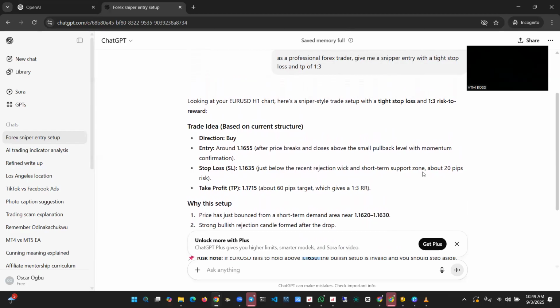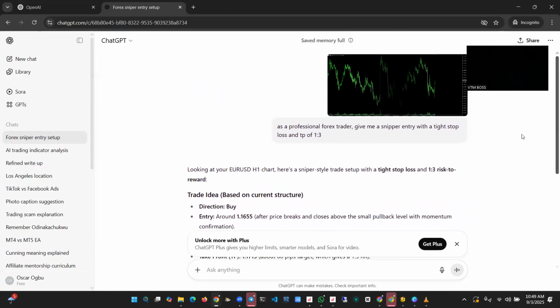All you just need to do is to just screenshot your chart. Then, if you are having problem with prompts, because where you're going to have problem is prompt, just copy this and paste it on your ChatGPT and wait for it to analyze the market for you and give you your entry. And when it has given you your entry, just do as it has said.